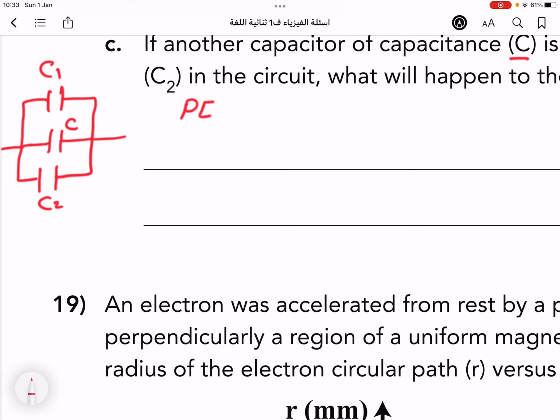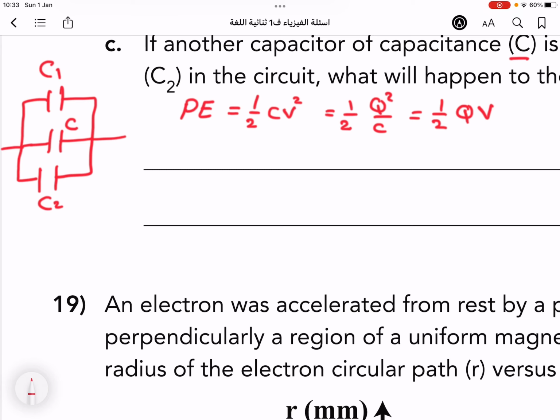The total energy stored could be half CV square, or could be half Q square over C, or could be half, what is the last one? If we have C as Q over V, it will be half QV.